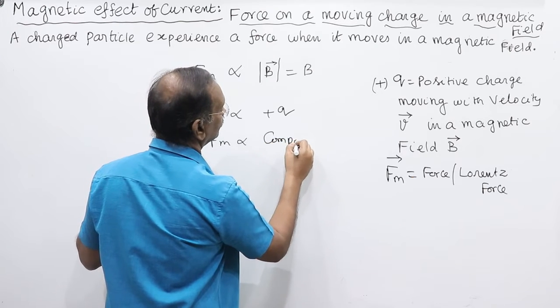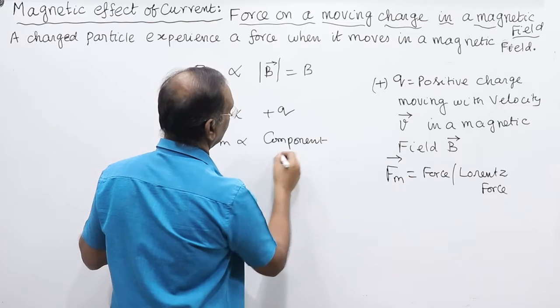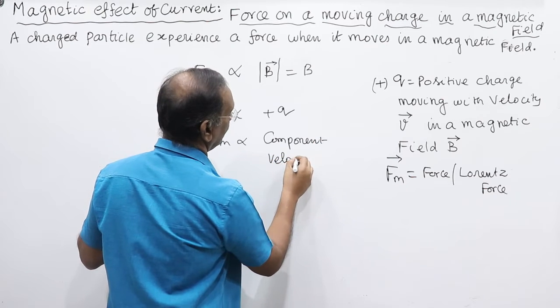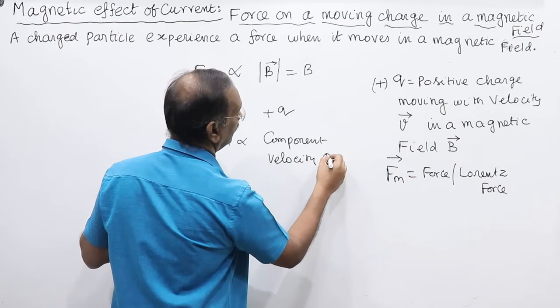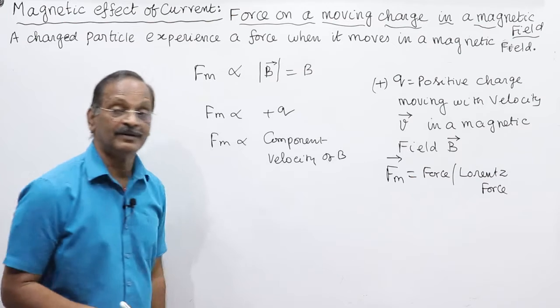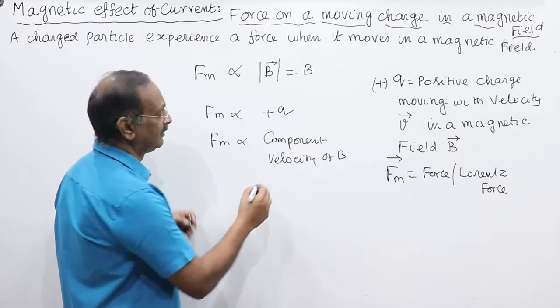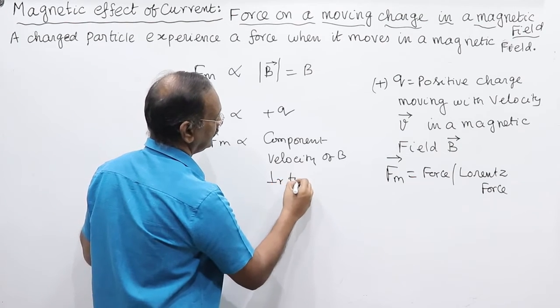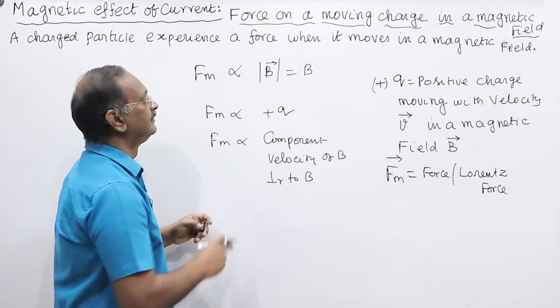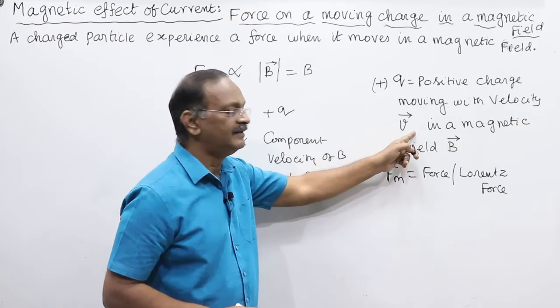The force is proportional to the component of velocity perpendicular to B. The velocity will have two components.